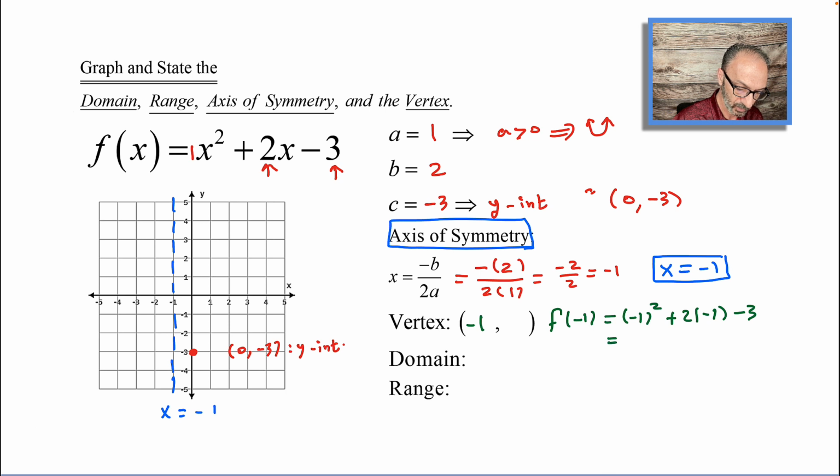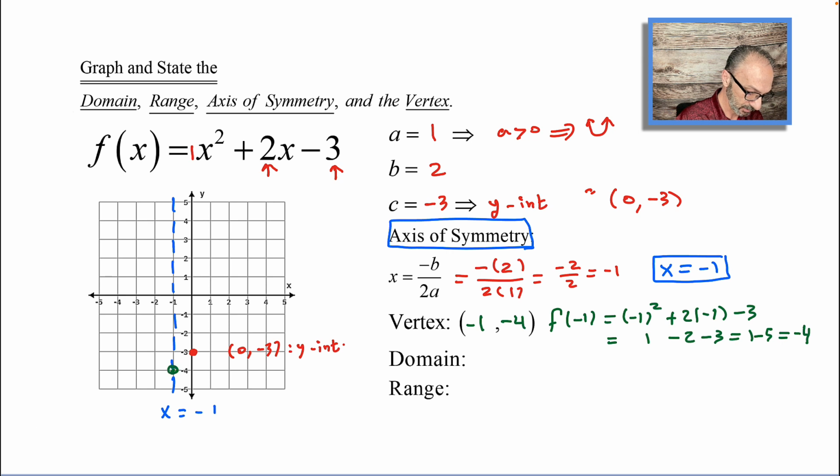That's negative 1 to the second, which is positive 1. 2 times negative 1 is take away 2, take away 3. That's like 1, take away 5, which is minus 4. So the vertex is negative 1 comma negative 4.